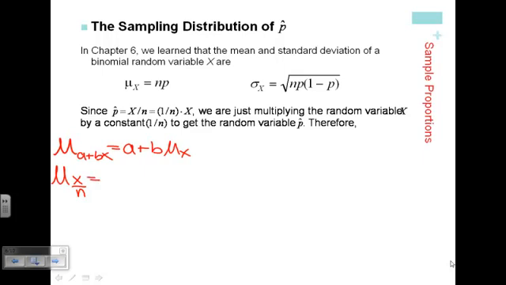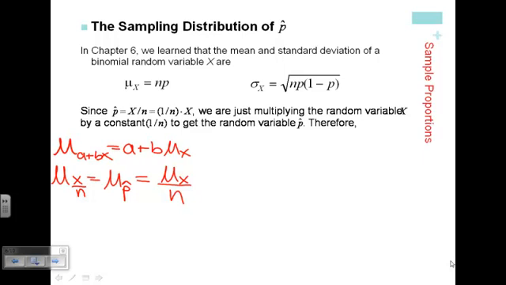Well, that would suggest that this expression, which is the mean of p-hat, is equivalent to the mean of x divided by n. If I only knew what the mean of x was, and I do.